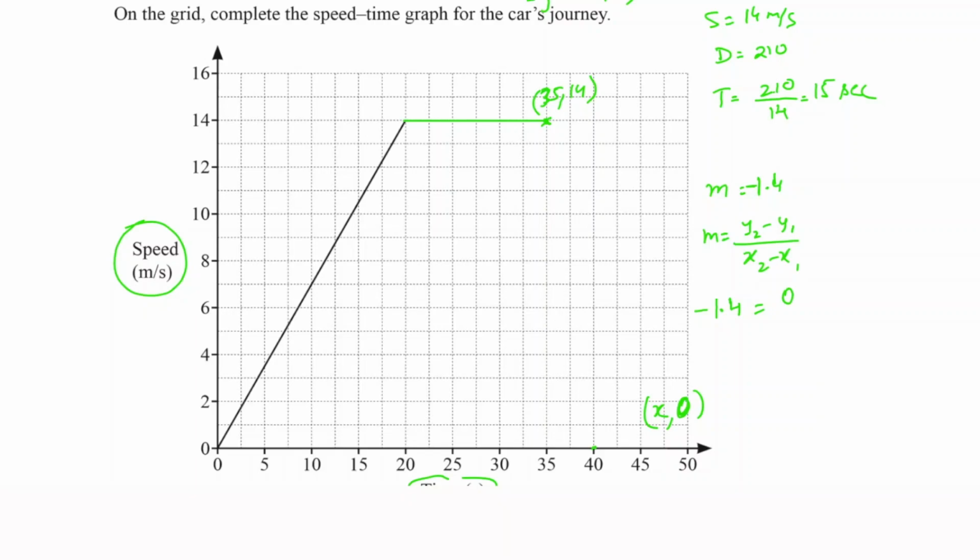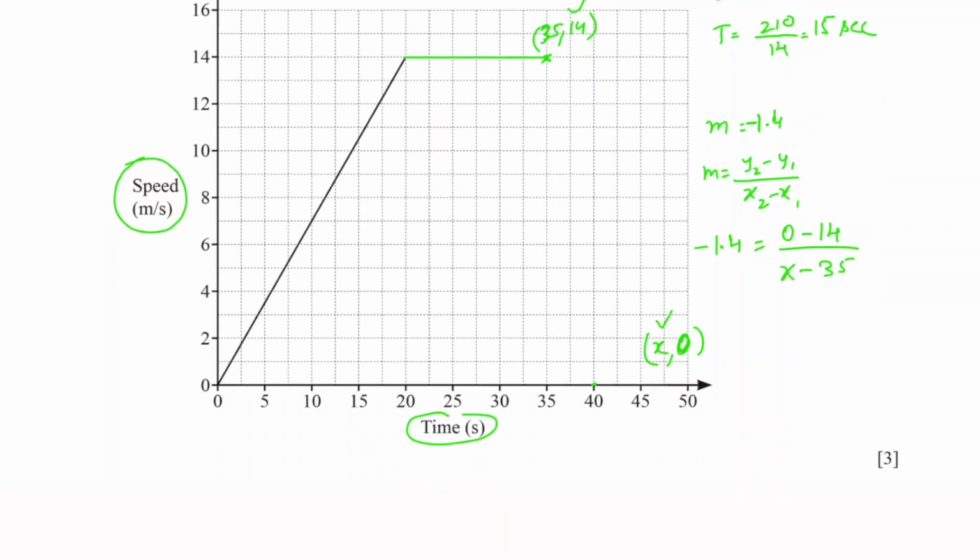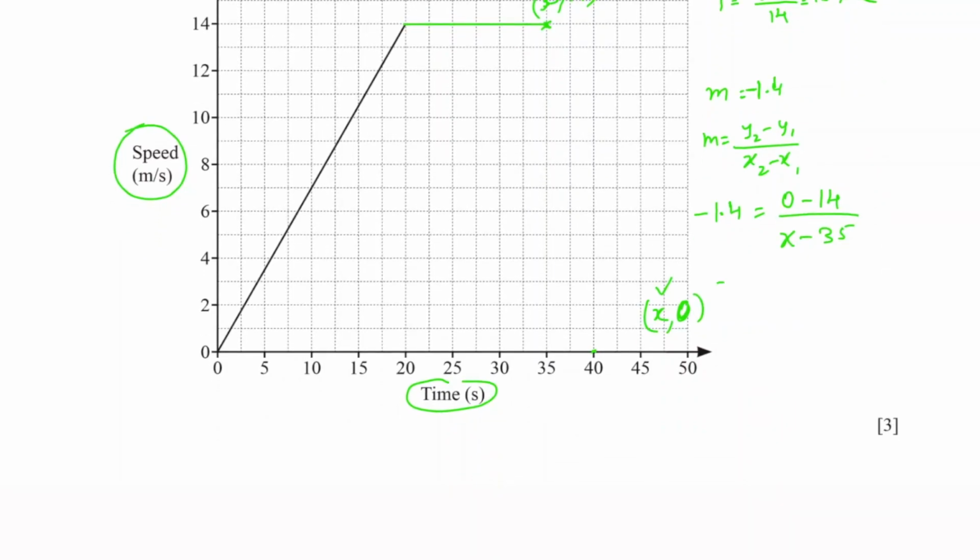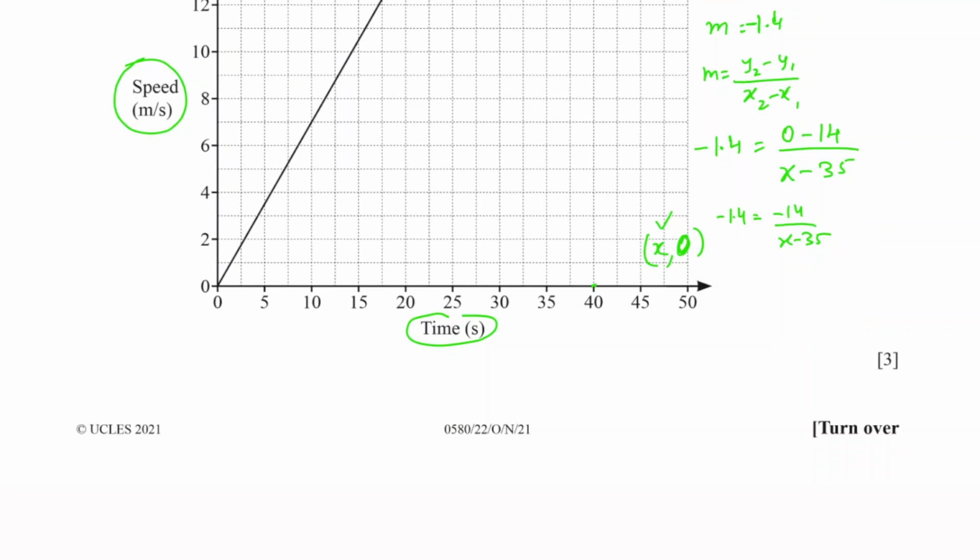So y2 will be 0 and y1 is this value 14, x2 is x, and x1 is 35. If we solve a little bit more, minus 1.4 equals 0 minus 14, which is minus 14, divided by x minus 35. So x minus 35 equals minus 14 divided by minus 1.4.